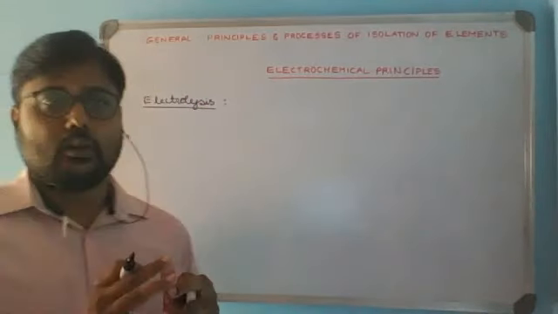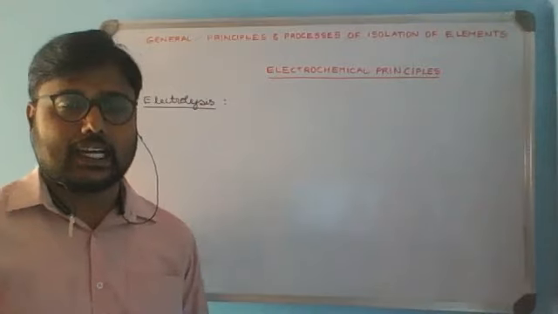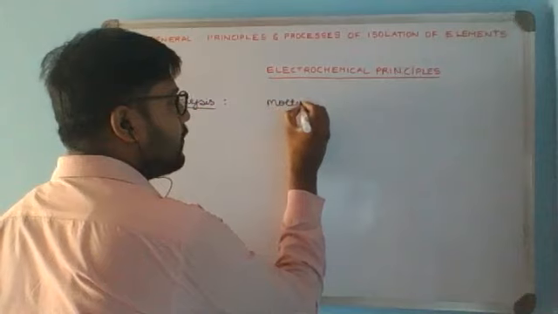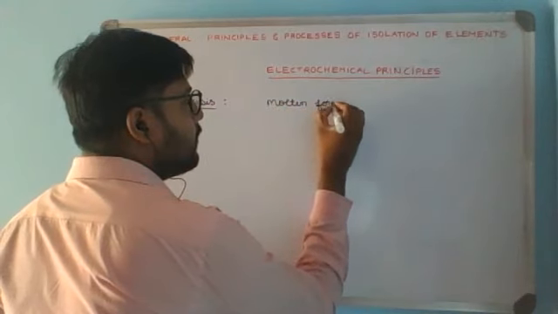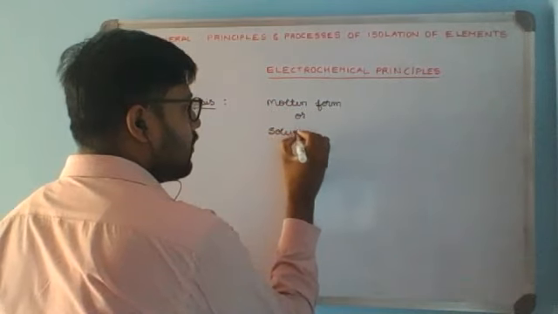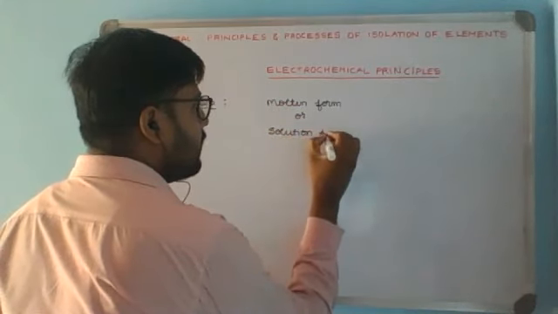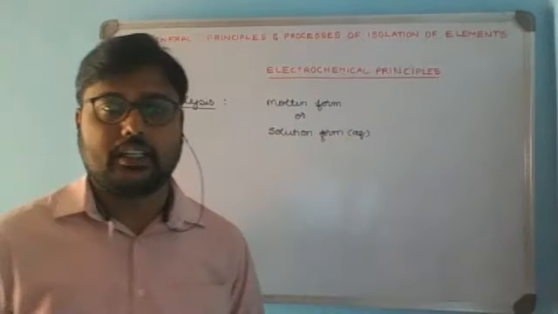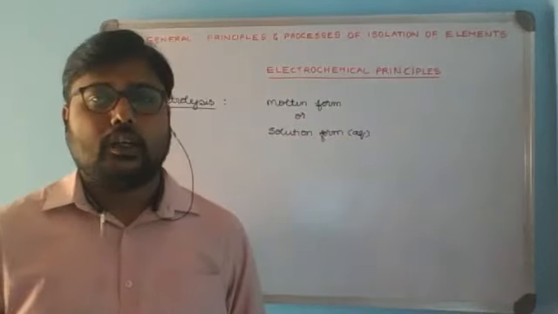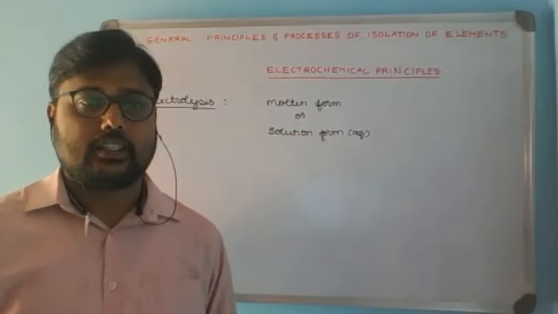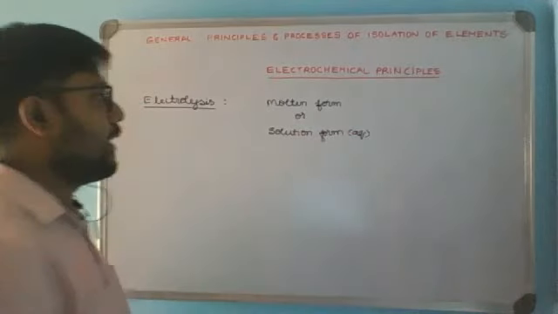Hence, whatever ore we need to electrolyze should be taken in the molten form or the solution. Generally it will be taken in aqueous solution form if it is in solution. So either the molten form or the solution form in its aqueous phase is subjected to electrolysis.